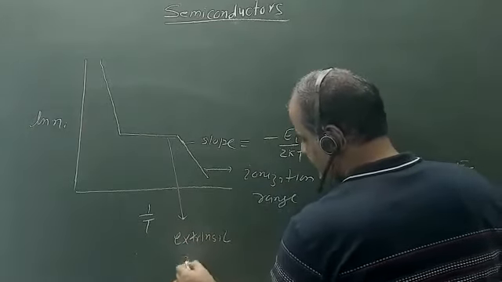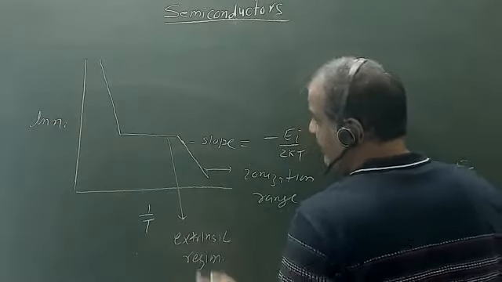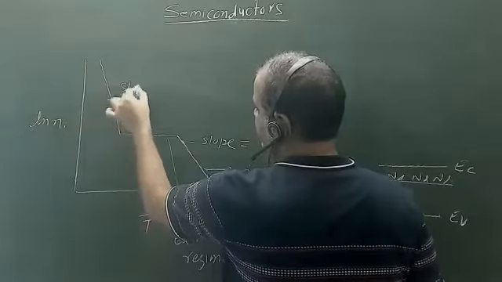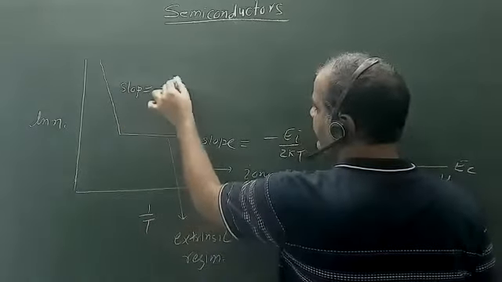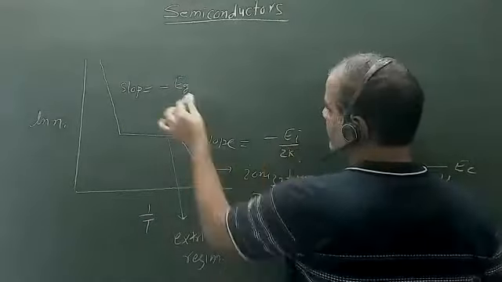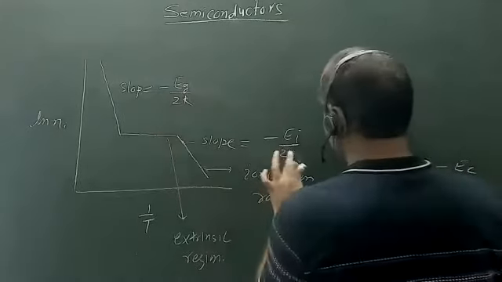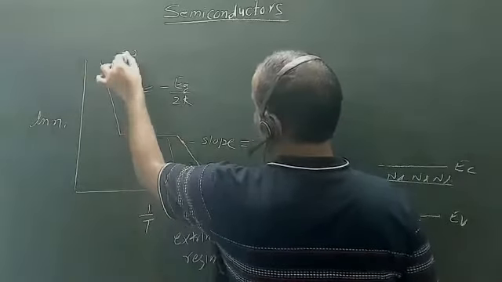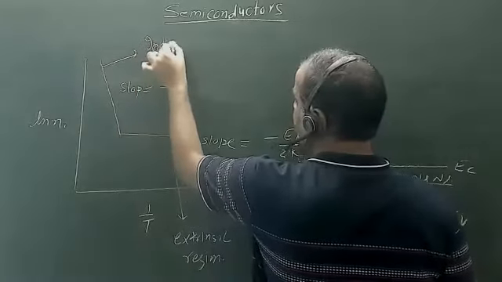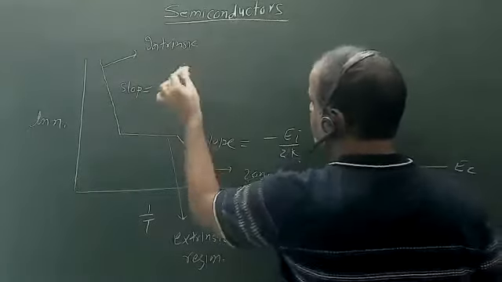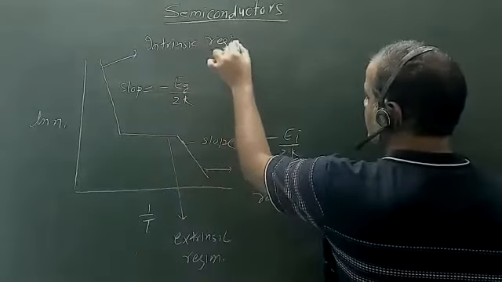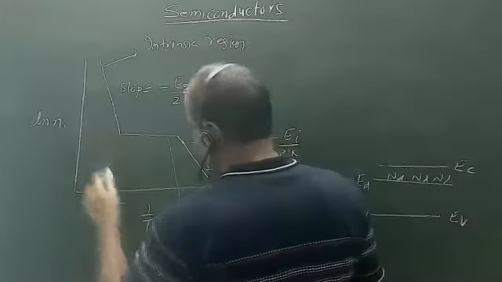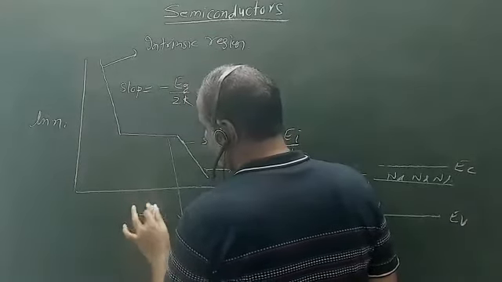When you go to higher temperature, the slope of this graph is equal to minus Eg by 2k, and this region is called the intrinsic region. So this is the temperature variation of carrier concentration.